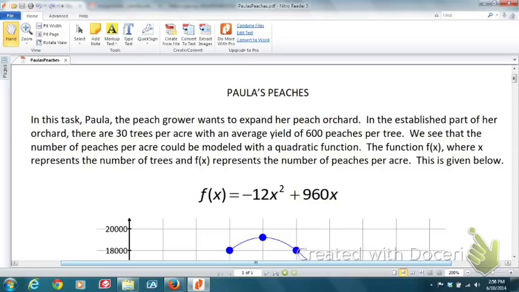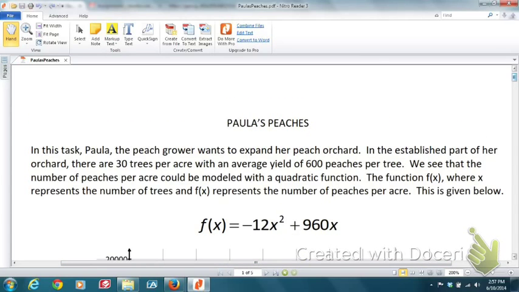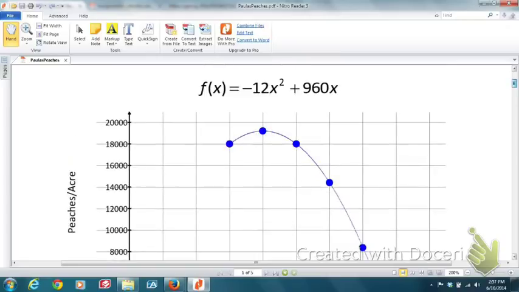We see that the number of peaches per acre can be modeled with the quadratic function, the function f of x, where x represents the number of trees and f of x represents the number of peaches per acre. And this is given below. So here you have your equation, f of x equals negative 12x squared plus 960x.